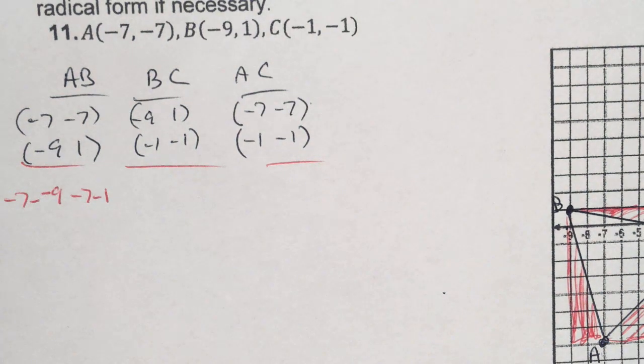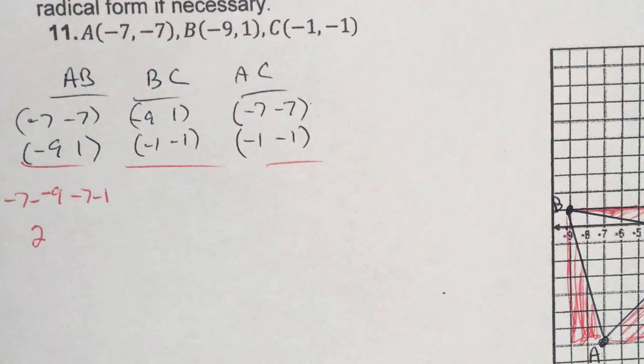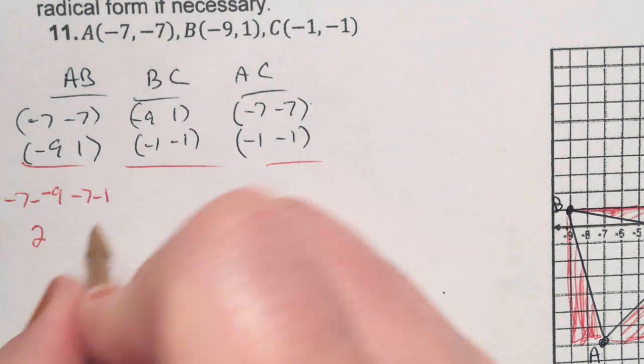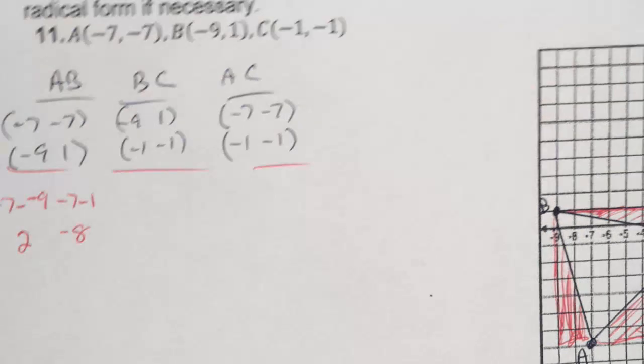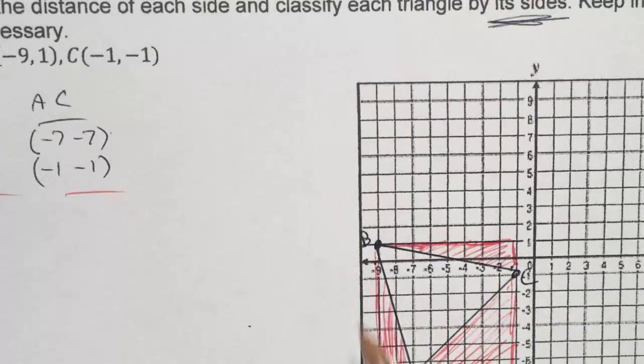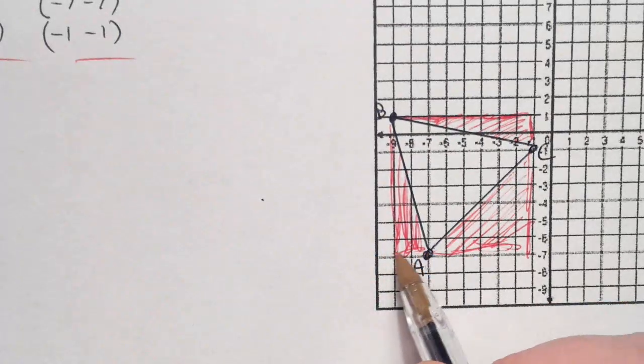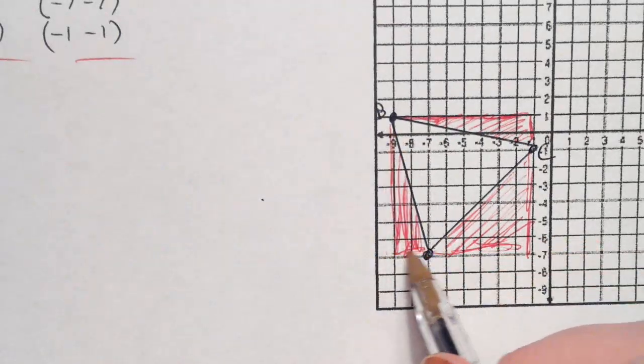So I'm going to grab out my calculator. -7 minus a -9, and I would get 2. And over here, -7 minus 1, you would get a -8. So what we're saying is from A to B, we have a 2 by 8 triangle.